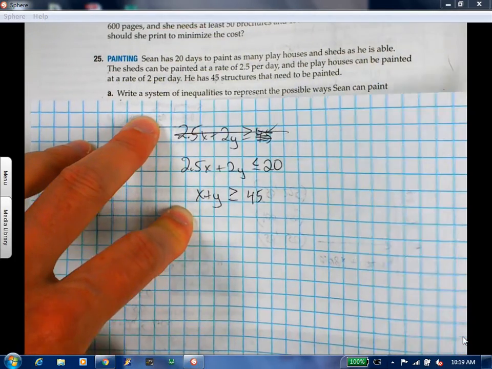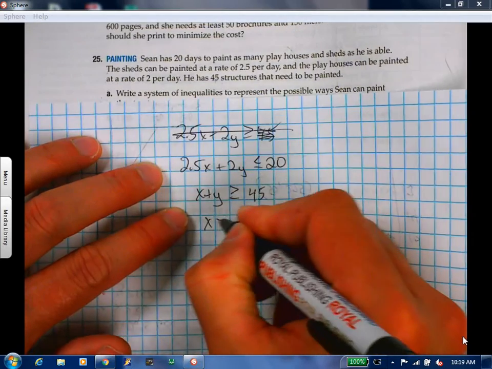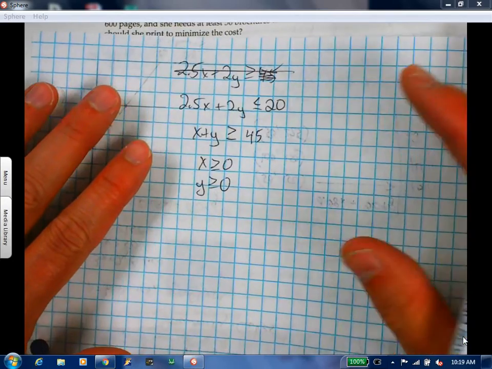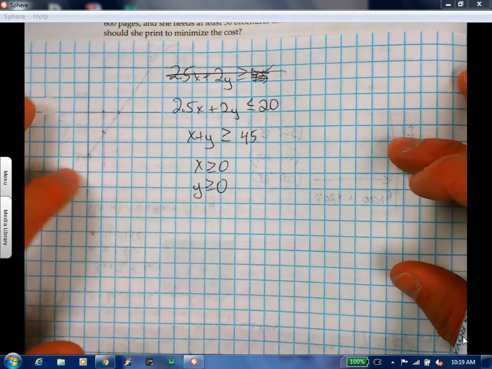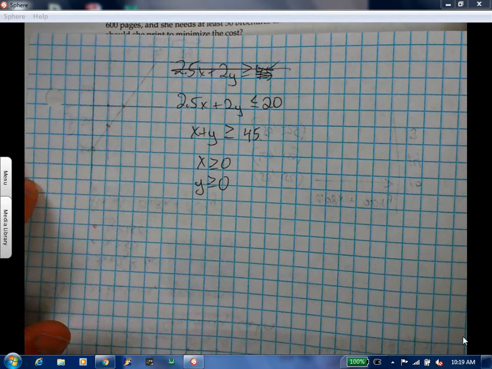So X plus Y is greater than or equal to 45. This one you can use these common ones as well. X has to be greater than 0, Y has to be greater than 0. Okay, so that's what you should have for 25.